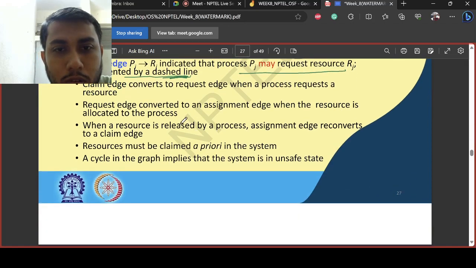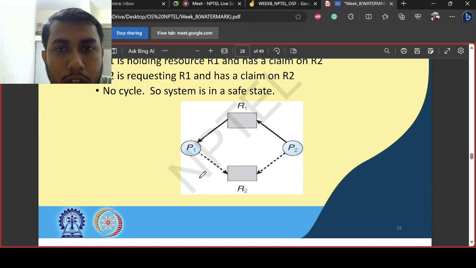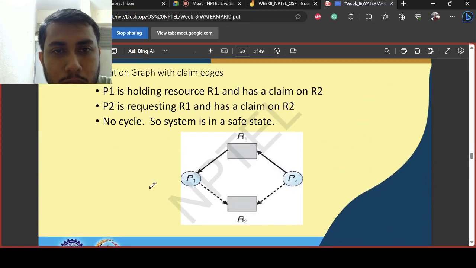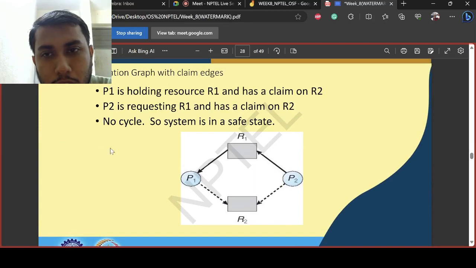So if you look at this diagram, let's define it.